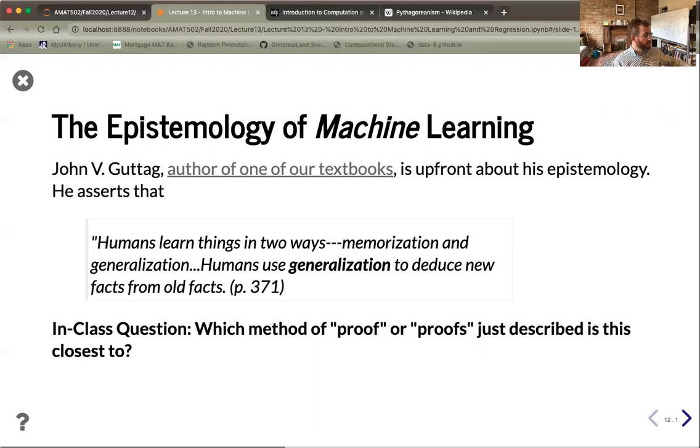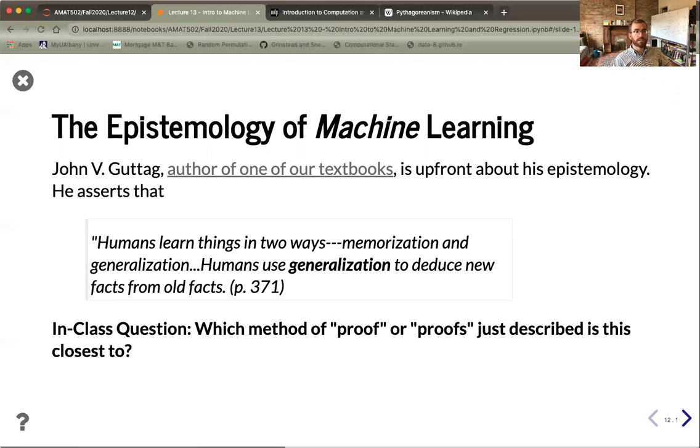So let's look at a slightly more modern perspective, which is maybe communicated with not a lot of fanfare in our book, Introduction to Computation and Programming Using Python by John Guttag. He says in there, in a way which betrays his epistemology, that humans learn in two ways: memorization and generalization.